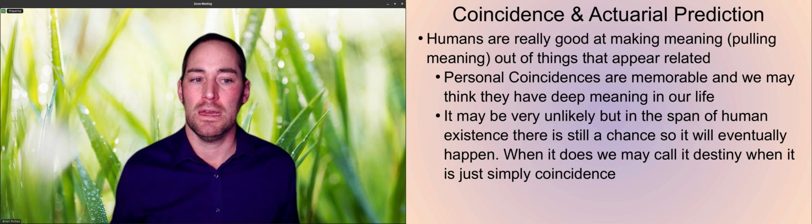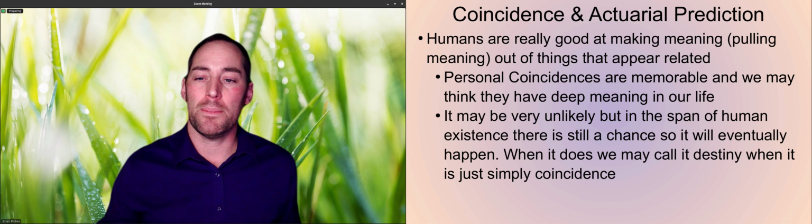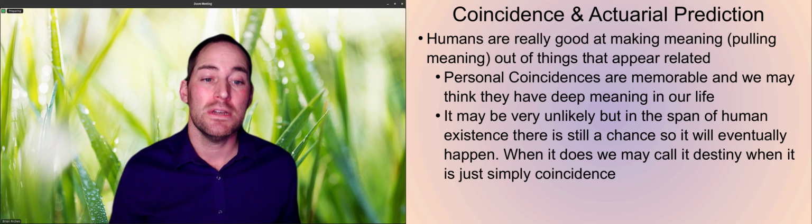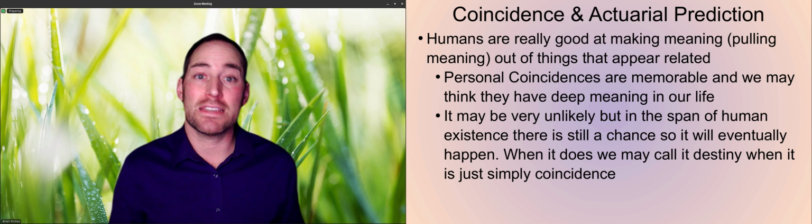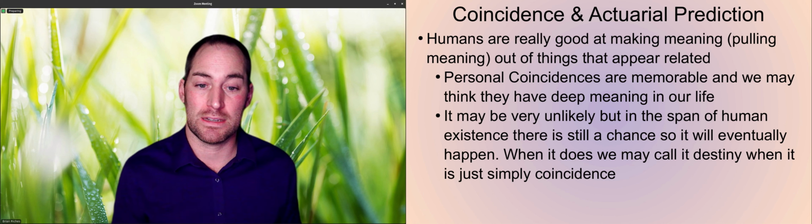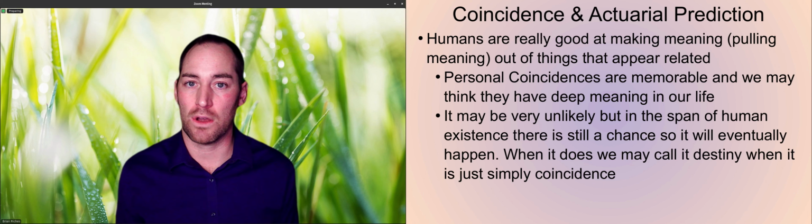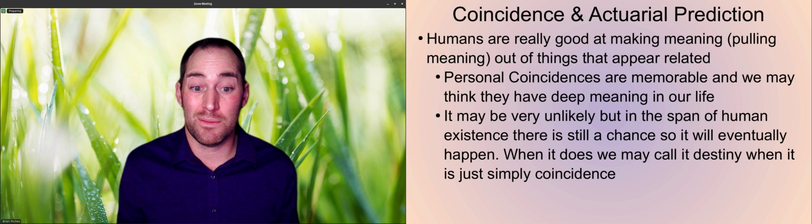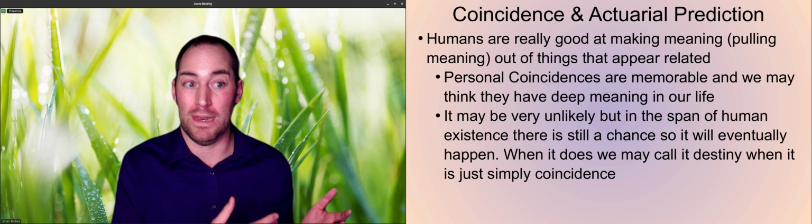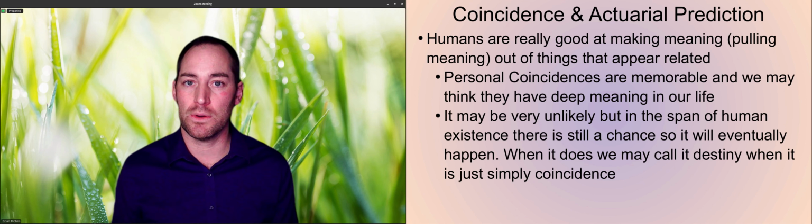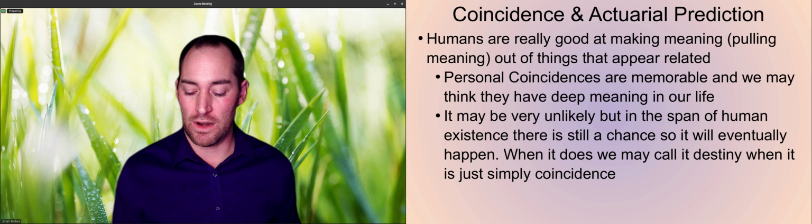But with that being said, even if something is very unlikely to happen, it is possible that some things can just happen by chance. So we might call it destiny when it's actually just a coincidence, that just by random chance, that thing would happen at some time. So that's one reason that doing these kinds of statistical tests is very important.